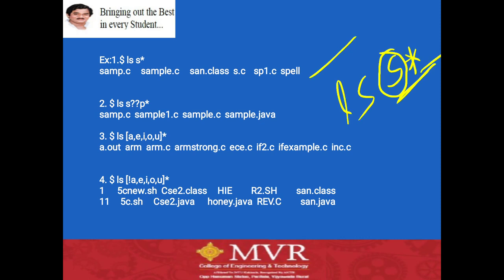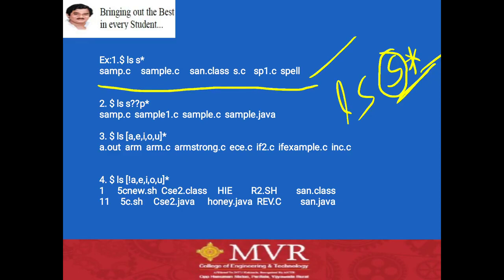The file may contain 2, 3, 5, or 50 characters, whatever it may be. We are only looking for the files which have s as the starting letter followed by anything. You just observe, it displays some files.